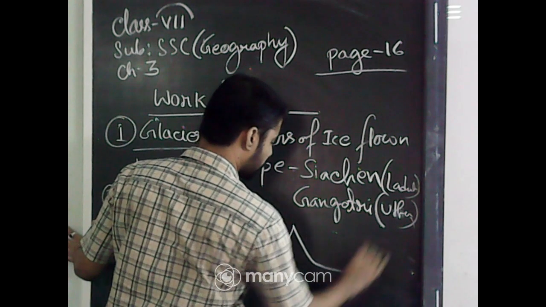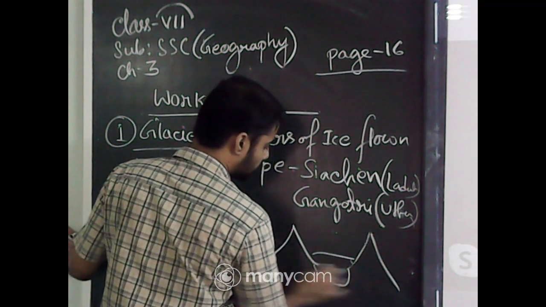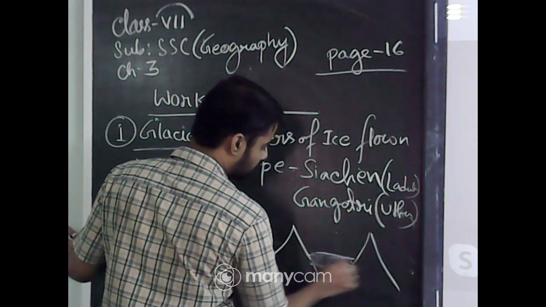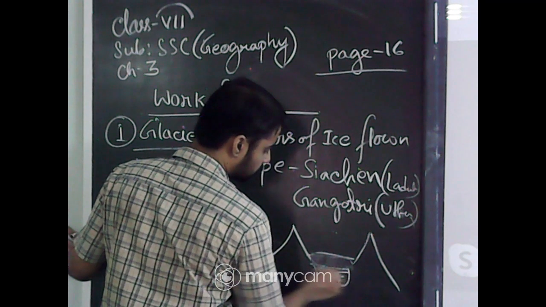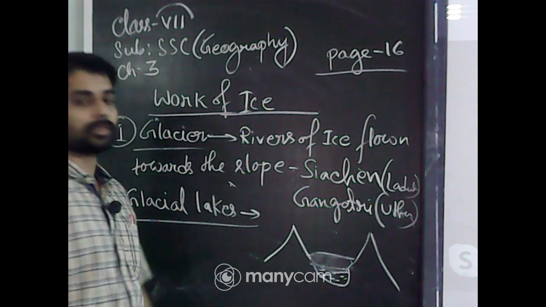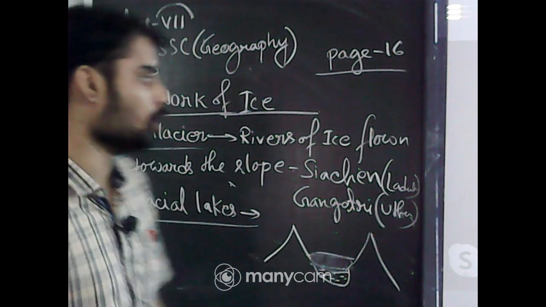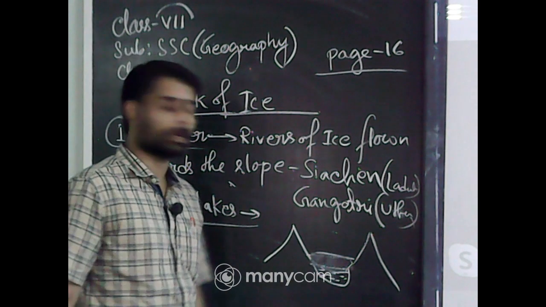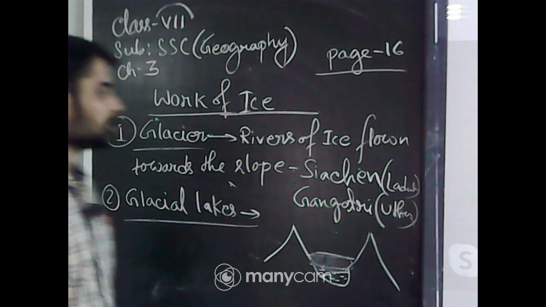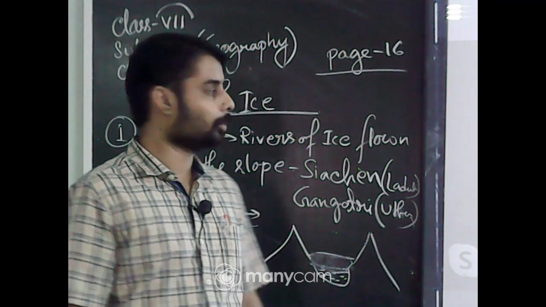When glaciers erode the lower portion between two mountains, the water melting from the glaciers is stored here and creates this type of beautiful lake. These lakes are found everywhere in the Himalaya, such as Pangong Tso Lake in Ladakh, and also Gurudongmar in Sikkim. So, these are glacial lakes created by the erosion of glaciers.